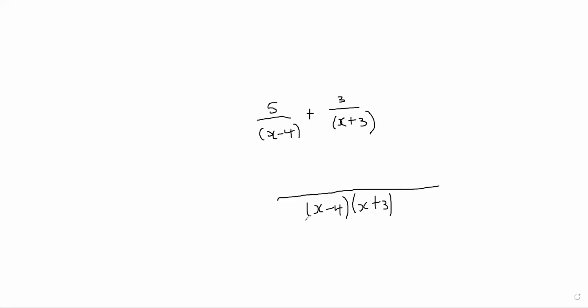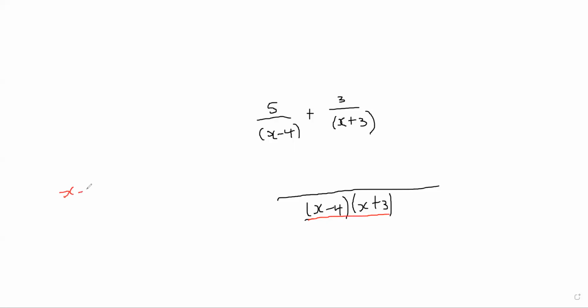Divide the denominator. Good. Divide the LCM, which is the product of these two, by the individual denominators. All right? So let's go.